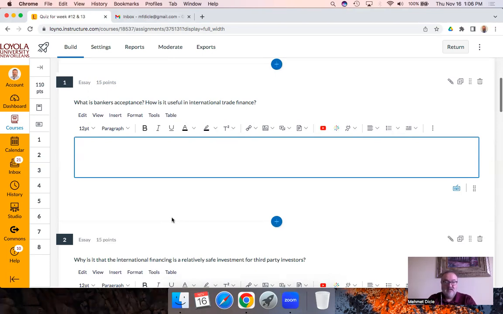Is it an at-sight letter of credit or a deferred payment letter of credit? And then, obviously, once the letter of credit is opened, we have the exporter producing our goods, and after they're produced, they will be delivered to the port, to the container, and then to the ship.